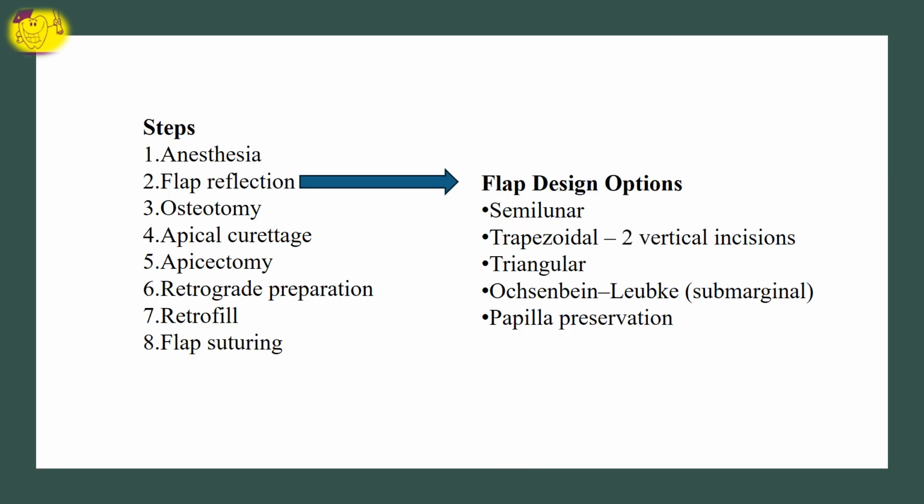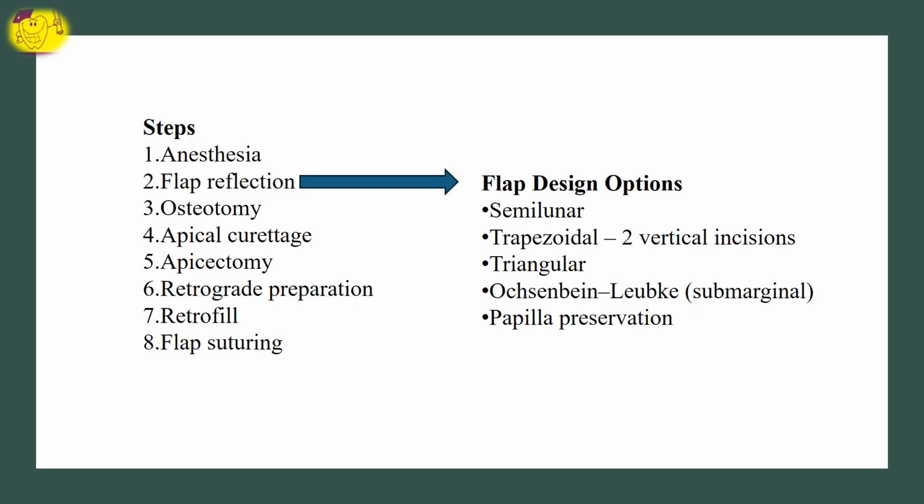Let me quickly run through the steps of an apical surgery. Administer anesthesia and do a flap reflection. You can choose based on the anatomy of the tooth, so it can be semilunar, trapezoidal, triangular, submarginal, and papilla preservation flap. So you can choose one of these flap designs based on the anatomy and the position of the flap. And then you do an osteotomy.